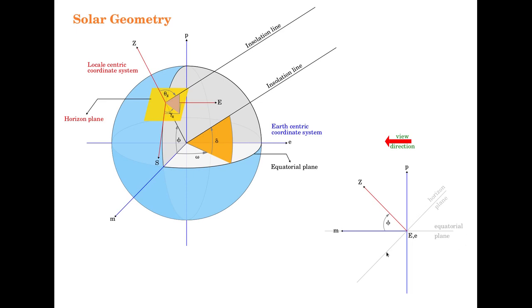In this way, if the horizon plane and the equatorial plane are merged like this, with the local and equatorial coordinate systems merged together, the variables like the insolation in the earth centric coordinate system and the local centric coordinate system can be related by this angle phi, and that is what we now propose to do, so that we bring in a relationship of the insolation such that it is along the zenith axis in terms of the latitude, the hour angle, and the declination.